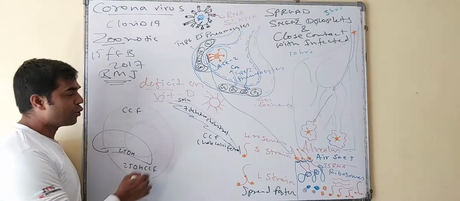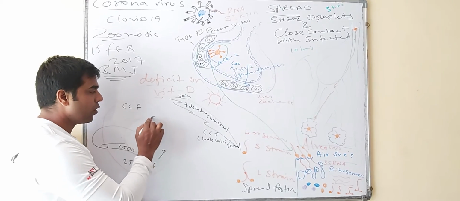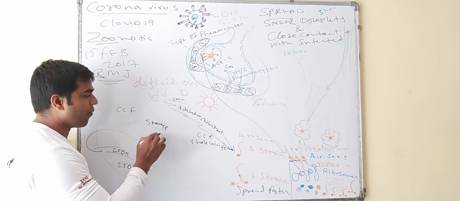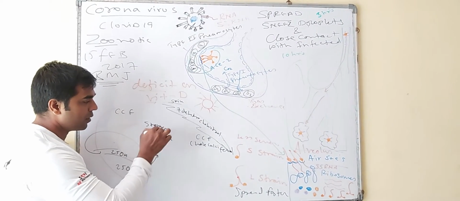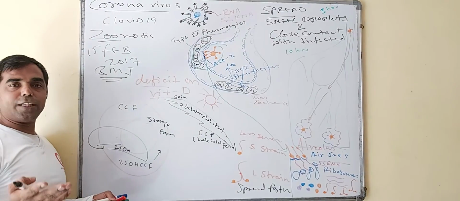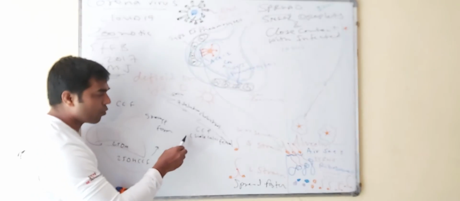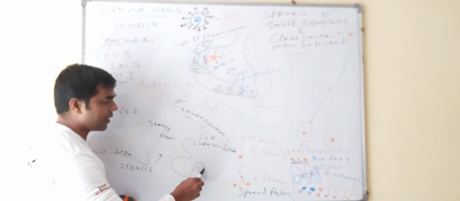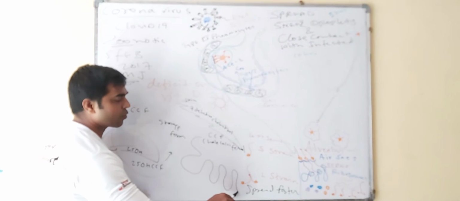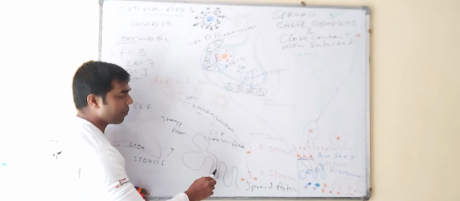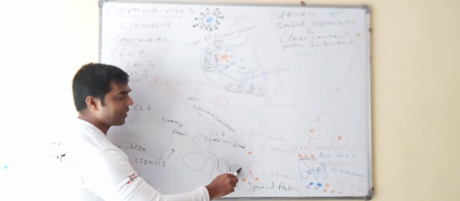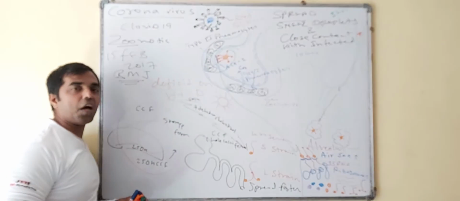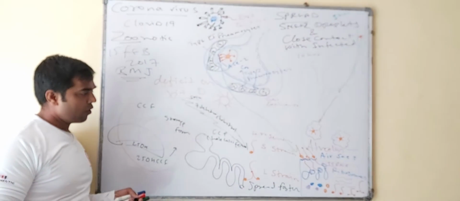Now this is the storage form. It's not yet mature. It has to go through the kidney if you are deficient, if your body wants to make new vitamin D3. This is the nephron. We have millions of nephrons. Right?